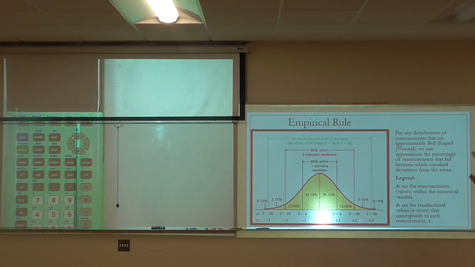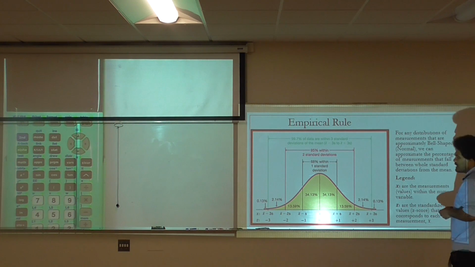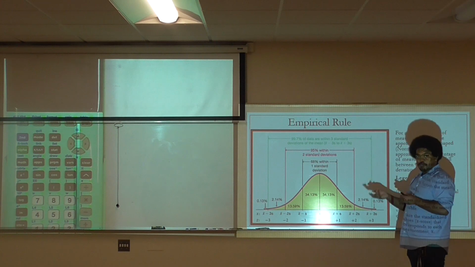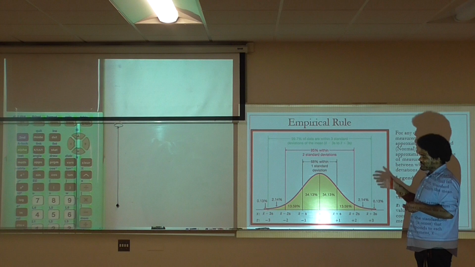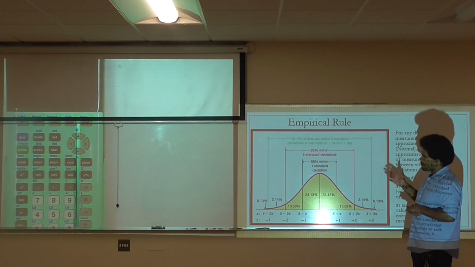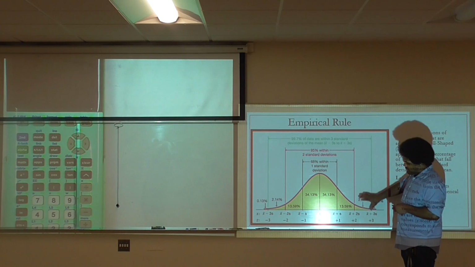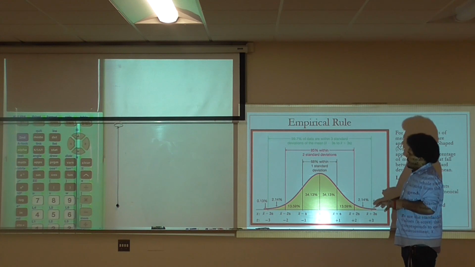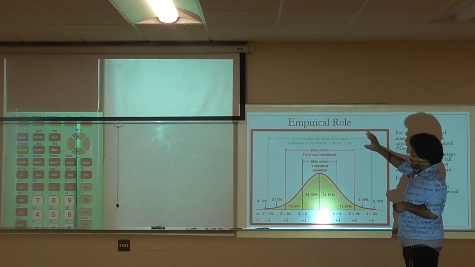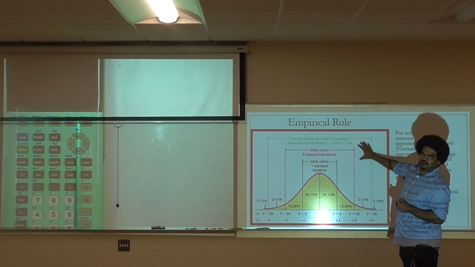That's how x and z-scores come hand in hand, and they can be used interchangeably, depending on the teacher and how you want to attempt problems. For the most part, I'll typically be using the x's, but I'll be using z-scores to get to these values pretty quickly. And how do we actually use this idea?